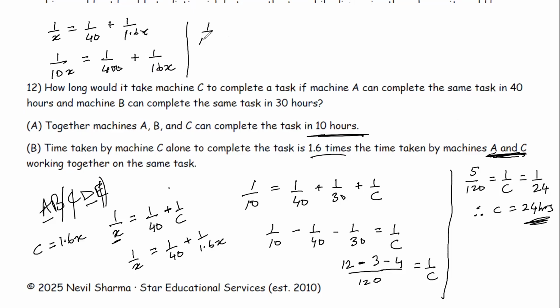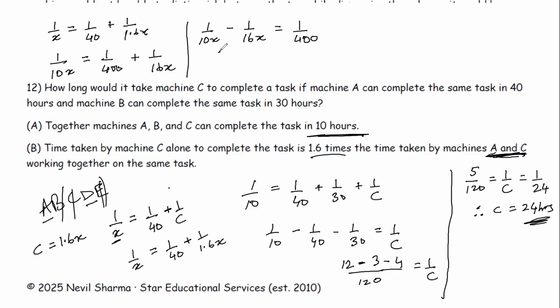Now I'll multiply 400 on both sides, correct?